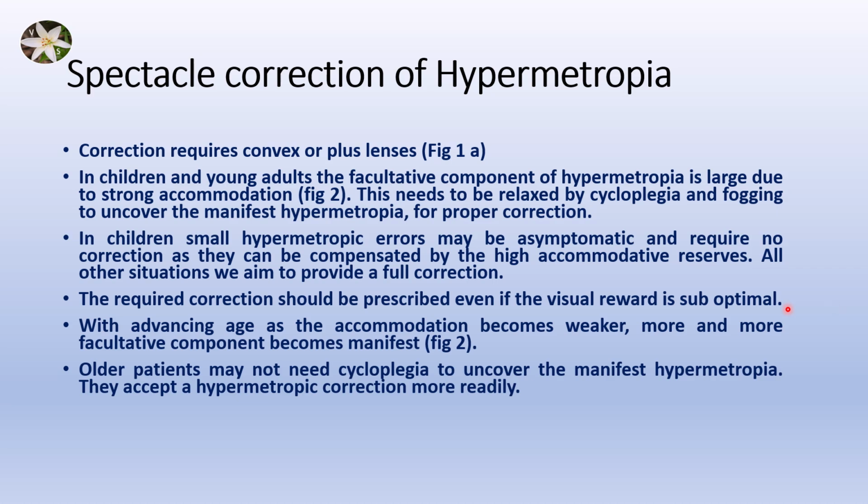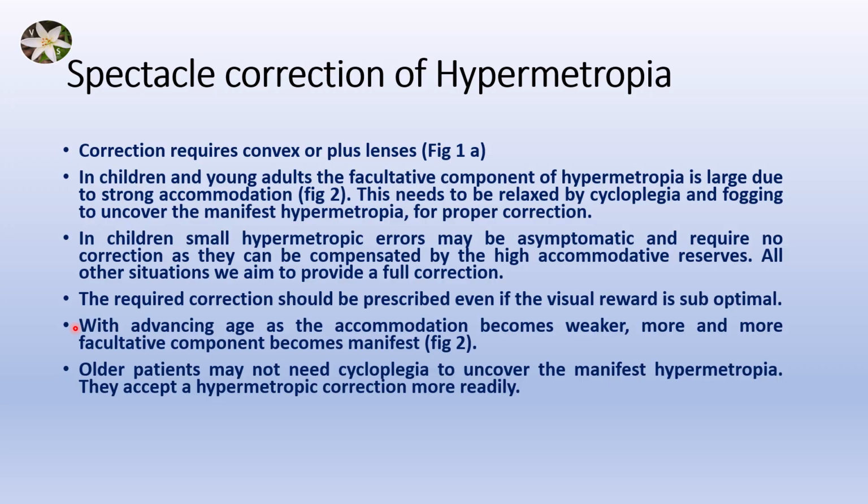So this should not be done because the glasses not only allow the patient to have a good vision, whatever is his visual potential, but they also take care of the excessive accommodation that the patient needs to use, and they help in visual improvement.